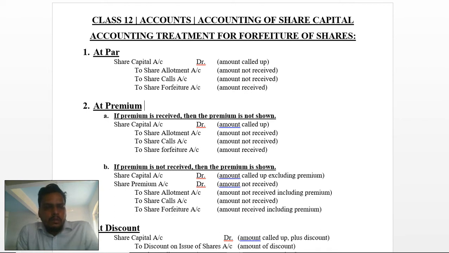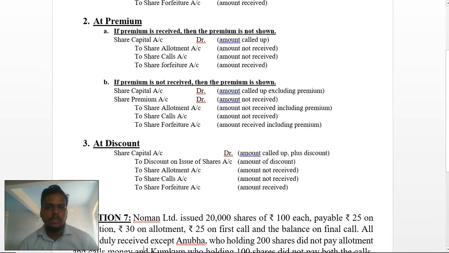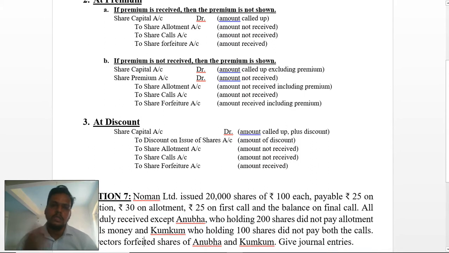So here at par you can make an entry: share capital account debit, to share allotment account, to share calls account, to share forfeiture account. Now, if it is about premium, premium has two categories. One is if your premium has been received, then the premium is not shown in this entry.